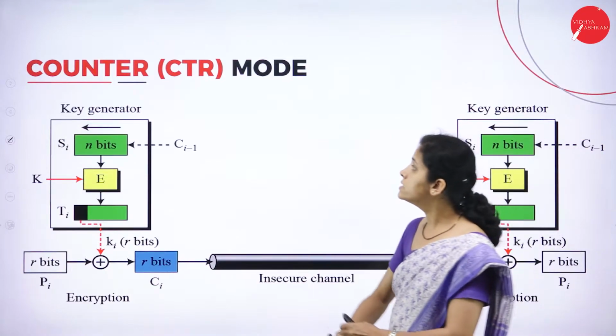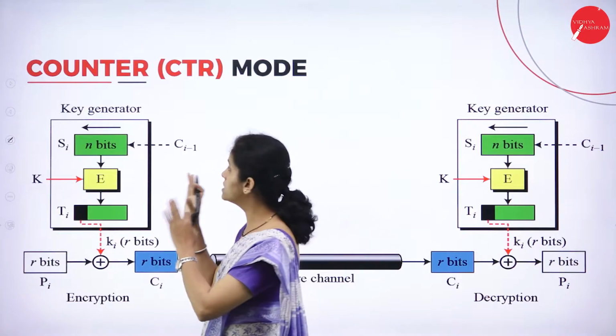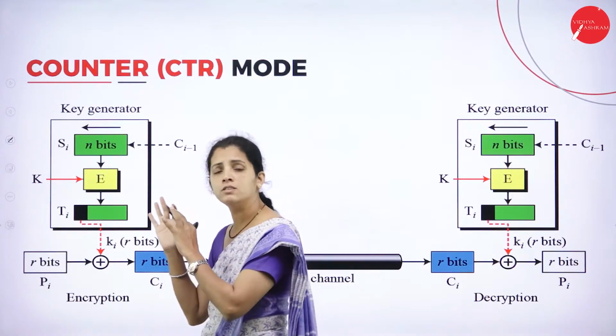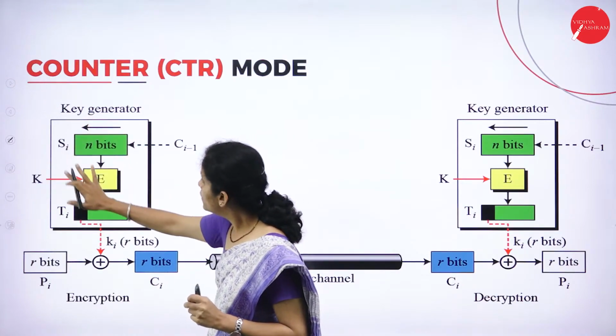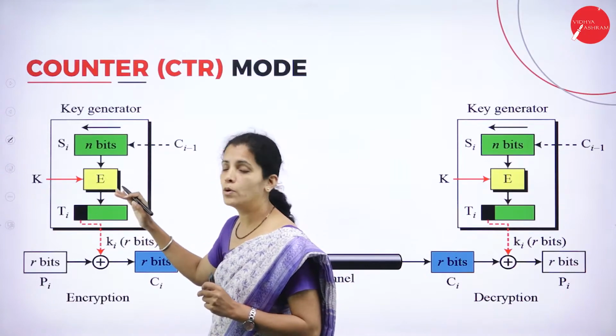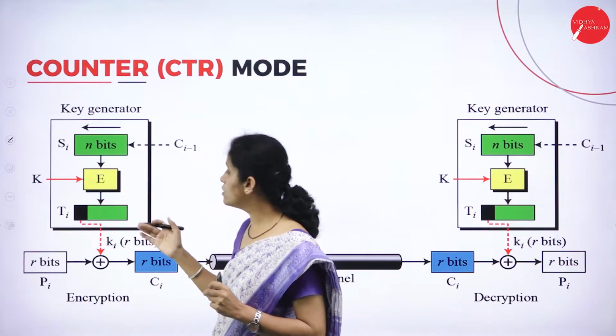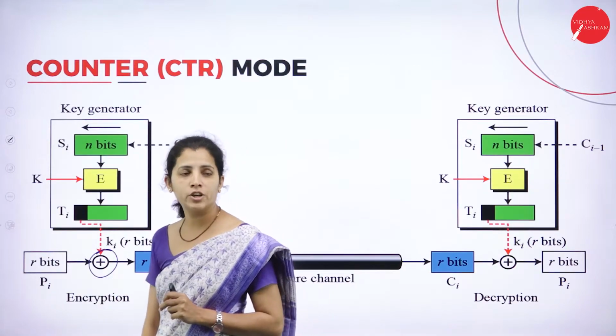See here, the same key generation algorithm. I won't explain this key generation algorithm because I taught it twice. Here I have the key generation algorithm, and the output I get from it is the input to this XOR operation.